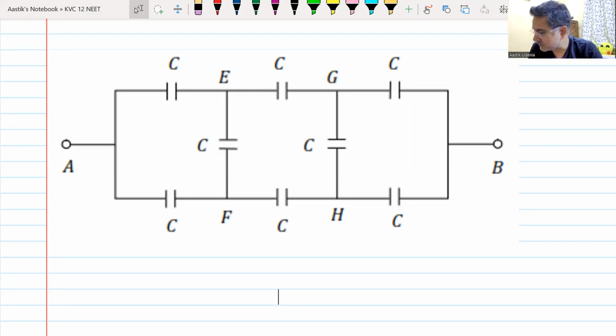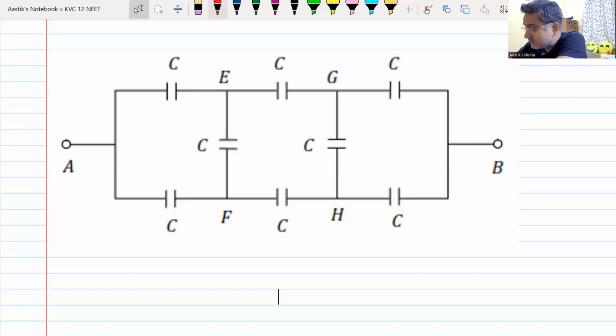What is the answer for this one, sir? Is it 3C, sir? No, it is not 3C, sir.